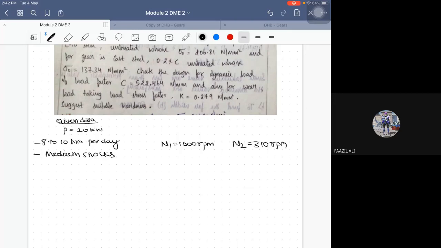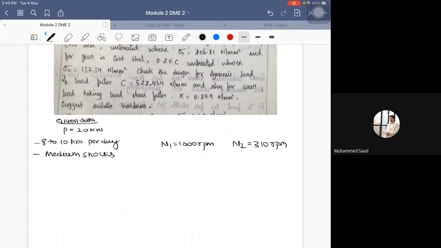Which one is the pinion and which one is the gear? Just by looking at the speeds, you have to say. Whether 1 is the pinion or 2 is the pinion. 1 is the pinion because the smaller wheel will rotate at a higher speed.